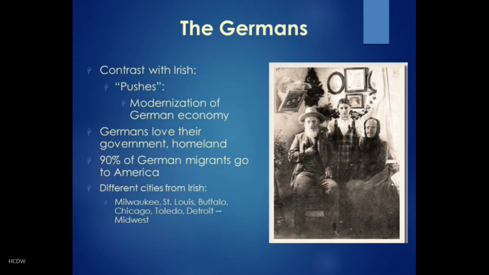While the Irish concentrated on the cities of the eastern seaboard like New York and Boston, Germans lived not only in those cities, but also many of them moved inland and settled more in Midwestern cities like Milwaukee, St. Louis, Buffalo, Chicago, Cleveland, Toledo, Detroit, and so on. And in many cases, they replicated German towns or German enclaves where they continued to speak German and maintain many of their old traditions.